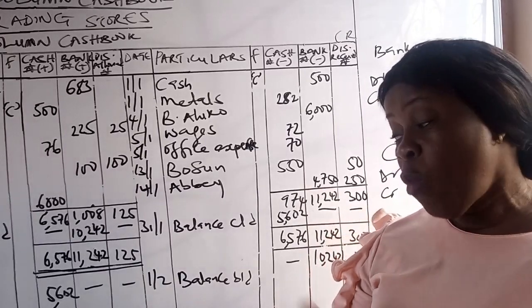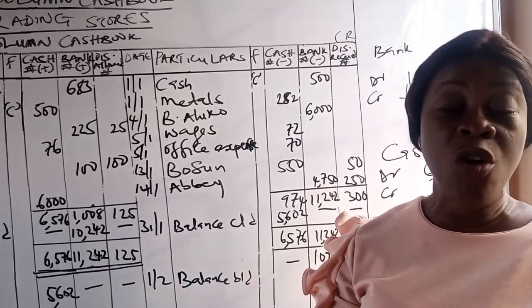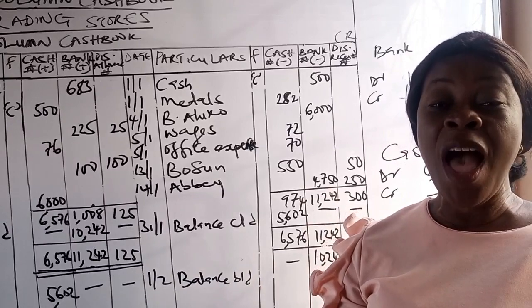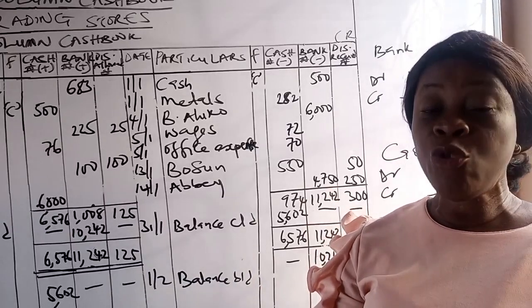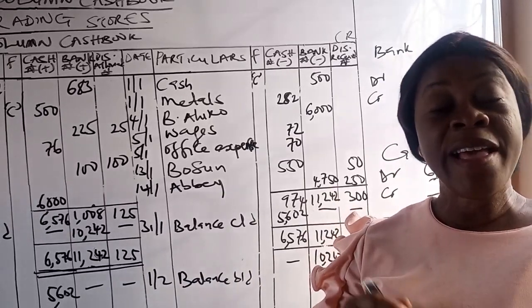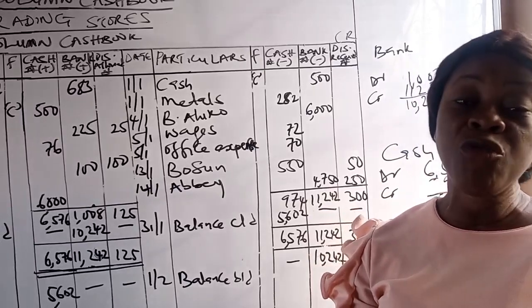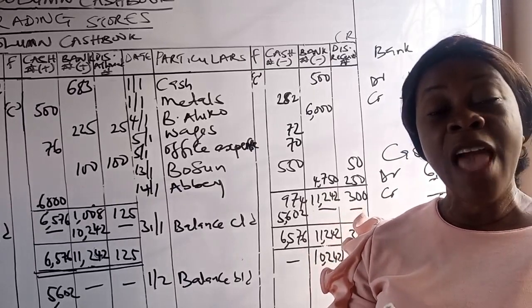So it's worthy of note that the cash column is not expected to have a credit opening balance, because they cannot spend more than the amount of money they have in their office.